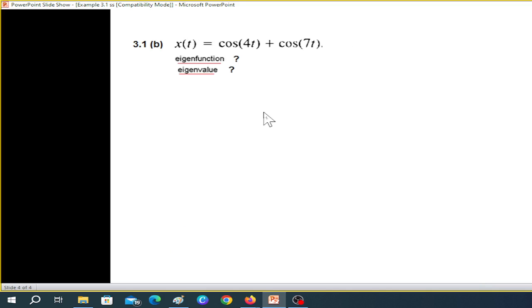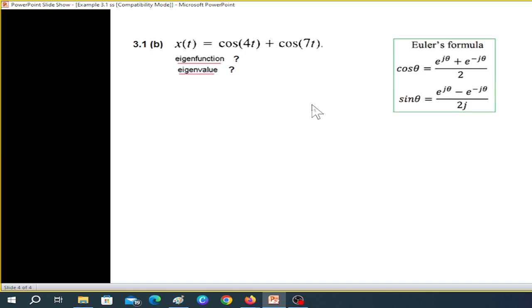The second part has a different type of signal. Here also we have to find eigenvalue and eigenfunction, and we will pass through the same circuit that we had. Now to get the eigenvalues and eigenfunctions, our signal must be in complex form. We'll use Euler formula to convert the cosine into complex form.